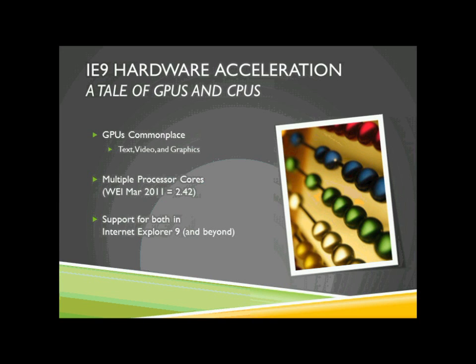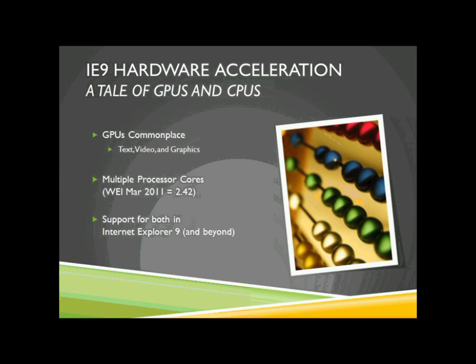We talk about it more, again, in part 2 of this series. But now that GPUs are commonplace in most modern machines, and also modern machines have multiple cores, we can use something like IE9 and above, IE10 in its preview state right now, which also uses hardware acceleration, to really harness the power of our machines and our sites.